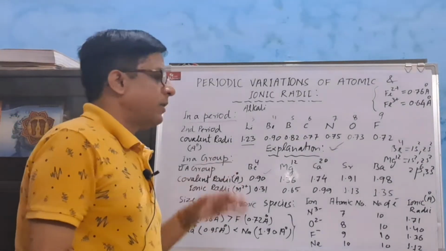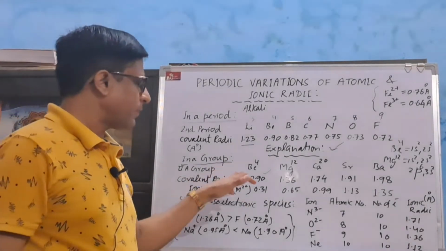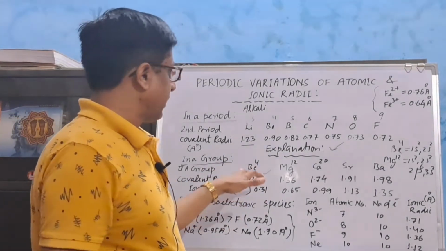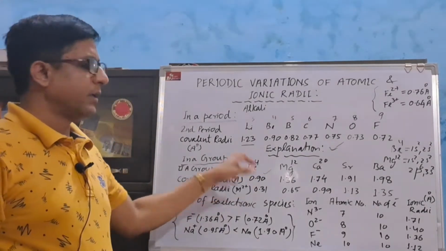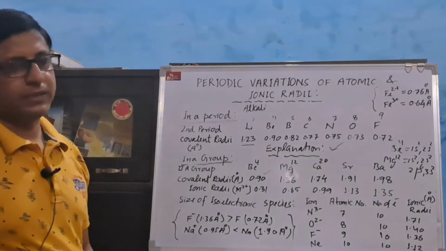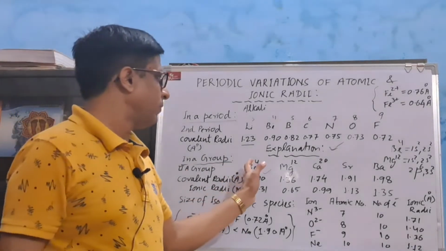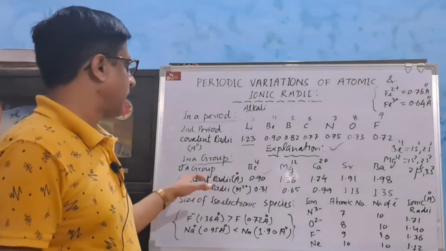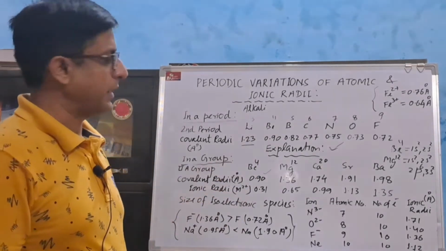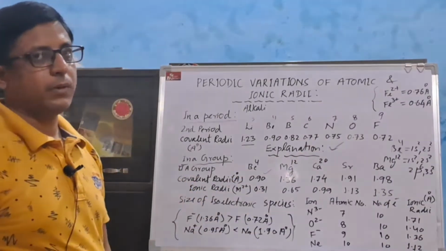The net effect of these two opposite forces is that the electrostatic force of attraction between the nucleus and valency shell electrons goes on decreasing as we move downwards in a group. So the size increases when we move from beryllium to barium.